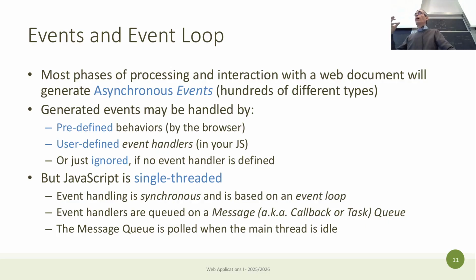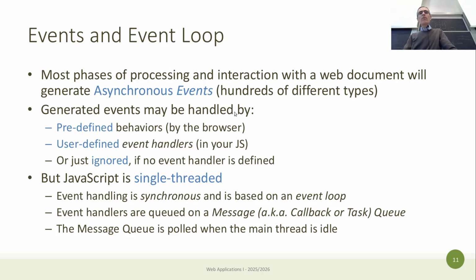Okay. How does this work? There is the event loop, and there is a queue with the code, and each time there is a new event, a reference to the function to be called is put in the queue. Okay, and when JavaScript has some free time, so that means in practice it's not executing other code, it takes the first function from the queue, and it executes the code, and goes on and on until the queue is empty. Okay?